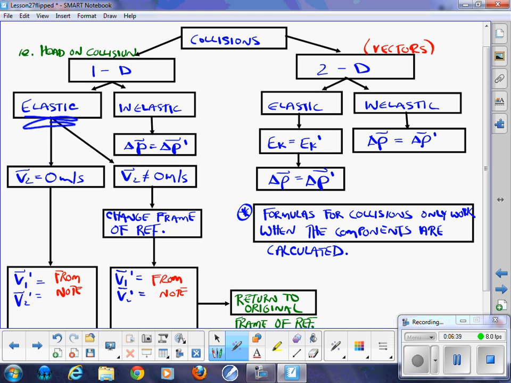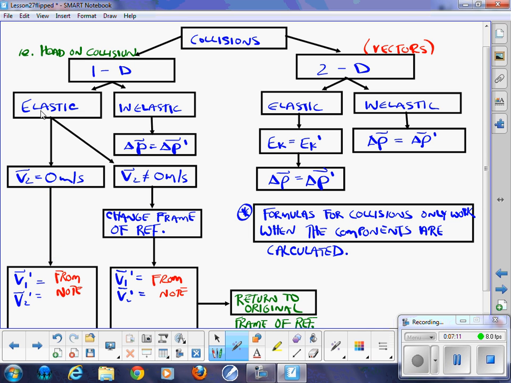If the velocity of the second object is 0, so the impact is an object moving and it strikes another object that was stationary at that point in time, then we can go down that first pathway. So we can just say, okay, the second object wasn't moving at the start, so we can use the V1 prime and the V2 prime formulas that we generated in that proof earlier in this note. No other work is required.